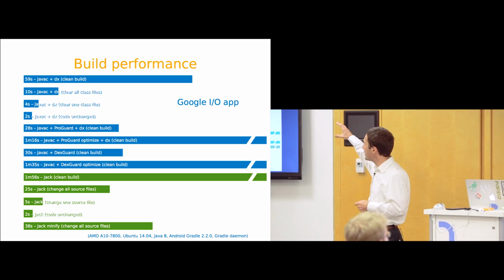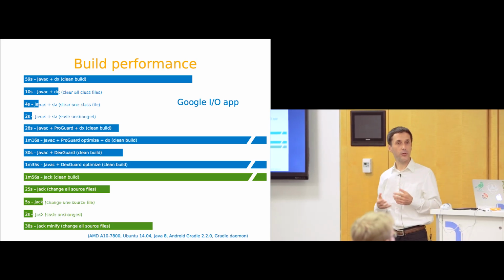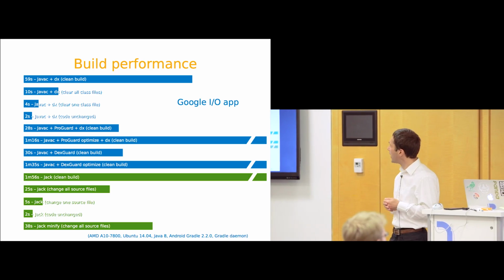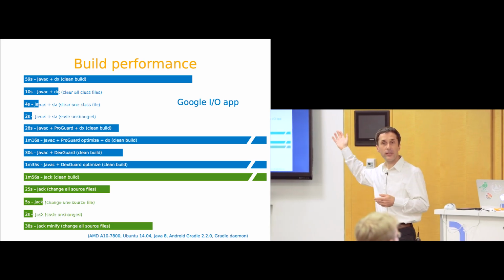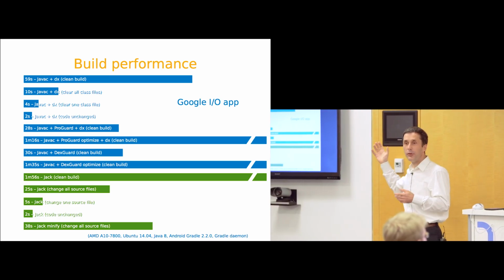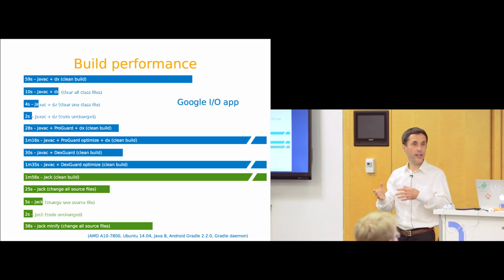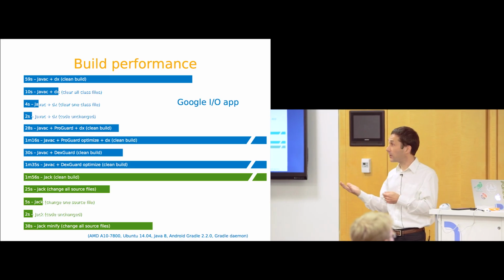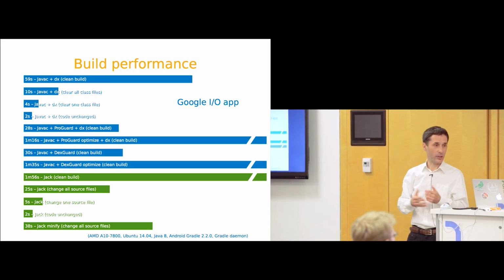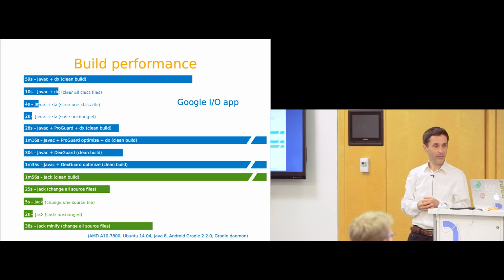At the top, you can see a number of experiments with the traditional tool chain, with the DX compiler and the Javac compiler. If you do a clean build, it takes about a minute on my computer, not terribly fast. But if you do incremental builds, changing a number of files, or changing just a single file, then the build time will be reduced.